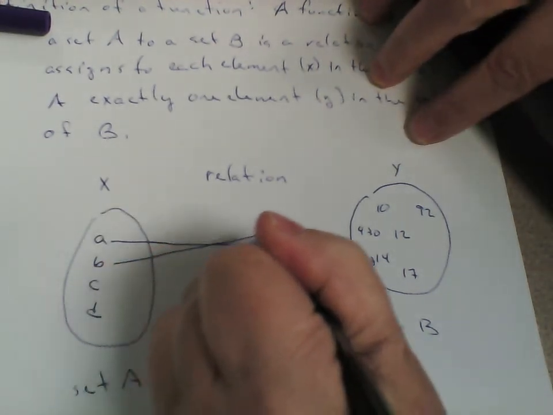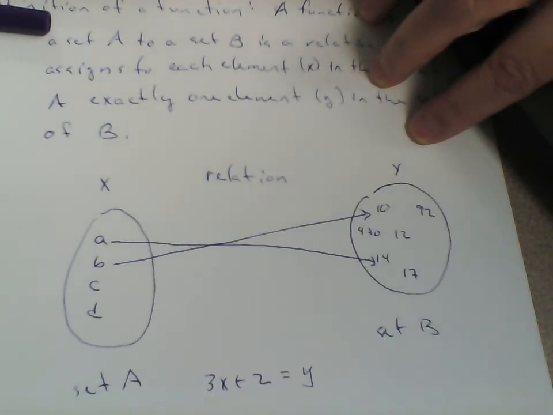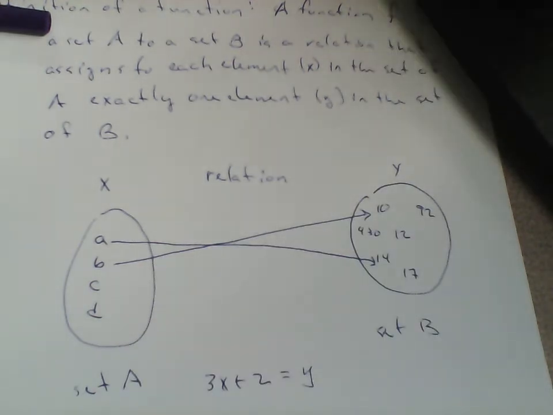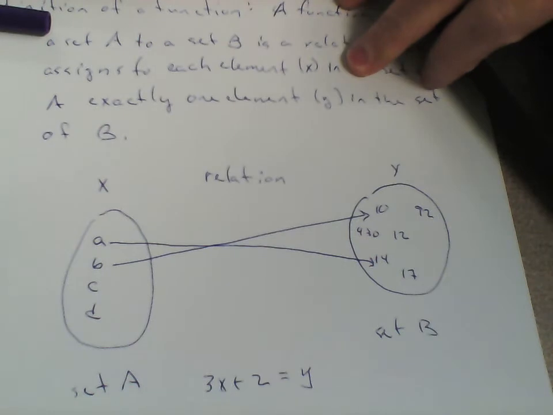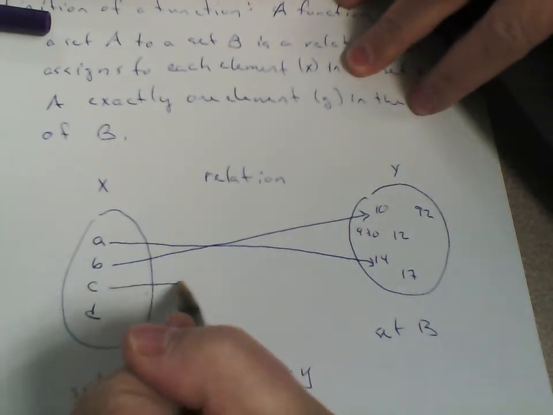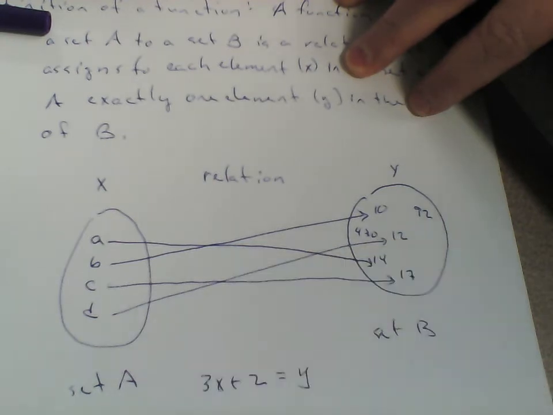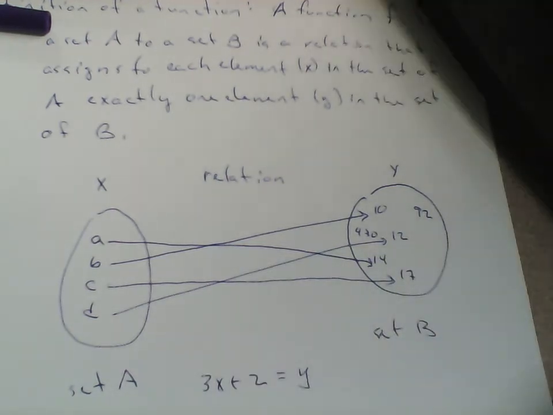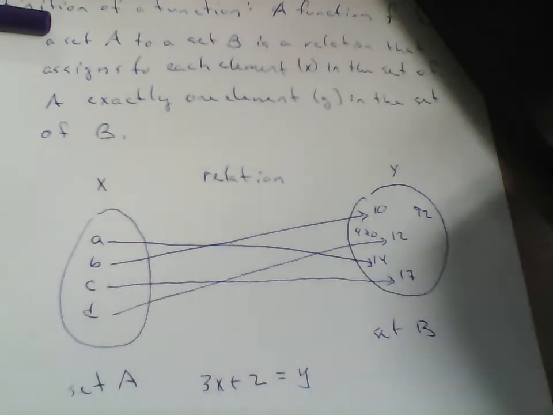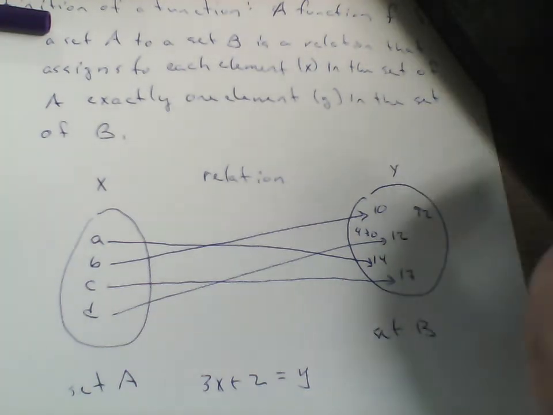And A has to have only one true value in B. So notice 92 and 430, they don't have anything mapped to them. There's nothing from X that is equaling that. That's okay.